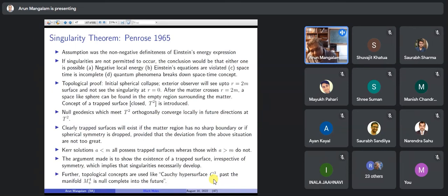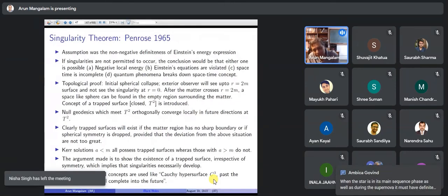Then he said that if the singularity is not permitted to occur, then either the energy is negative, or Einstein's equations don't hold, or the space-time is incomplete. So finally he came up with a topological proof of how a trapped surface forms, that I showed you, and how the light cones are actually trapped in that surface.